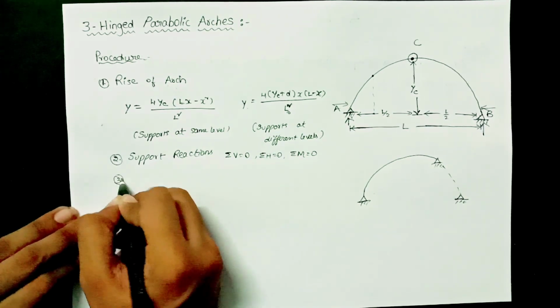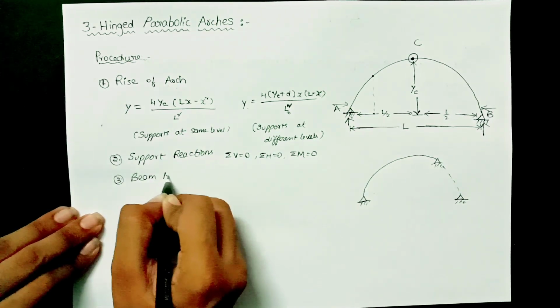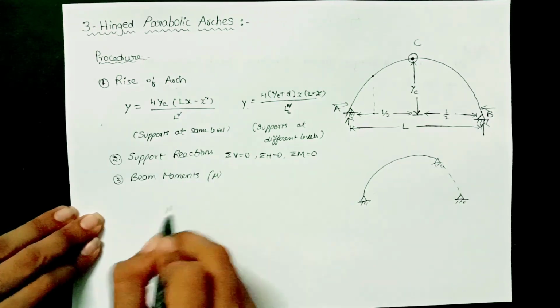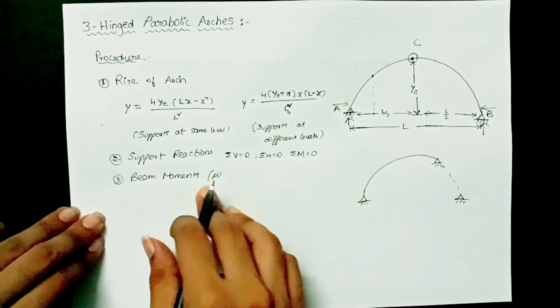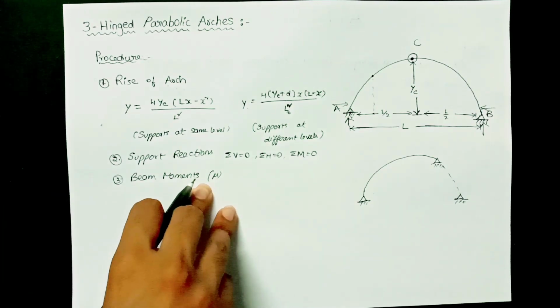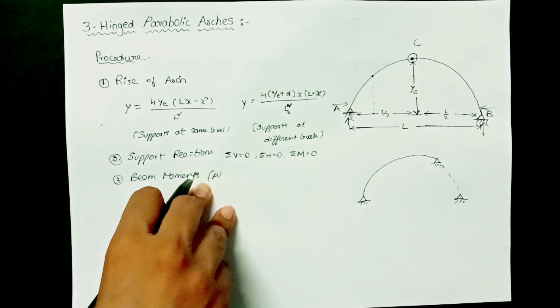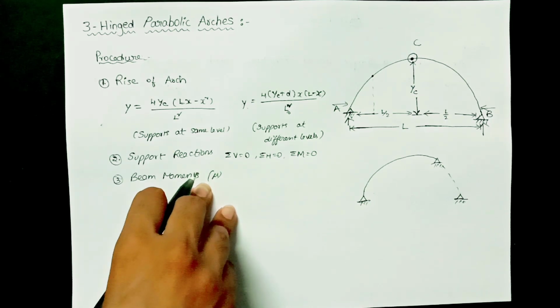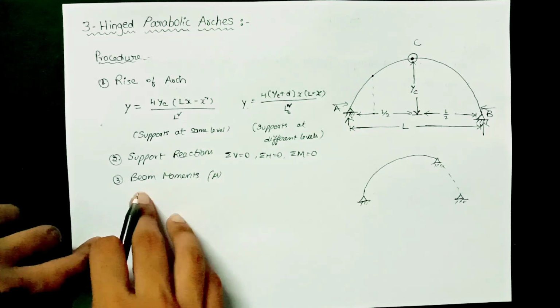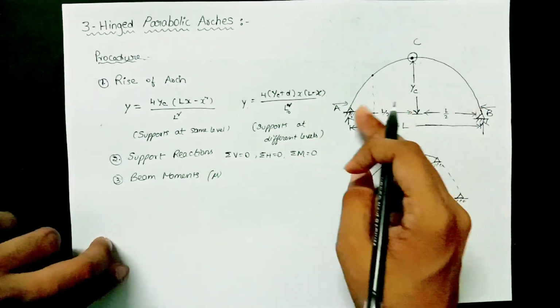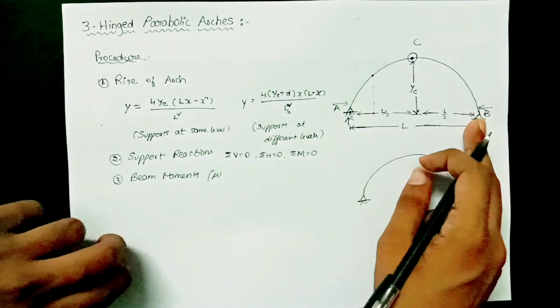Now the third step is to calculate the beam moments. Beam moments are denoted by Mu. In some textbooks it may be denoted in some other way, but whatever the notation, the procedure is almost the same. To calculate beam moments, consider this arch as a simply supported beam.